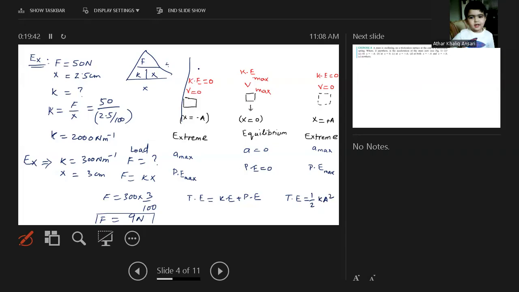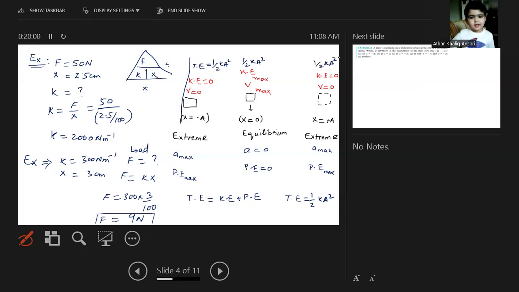So wherever you are, at the extreme position, at the equilibrium position, at the other extreme position, it is half k a squared.